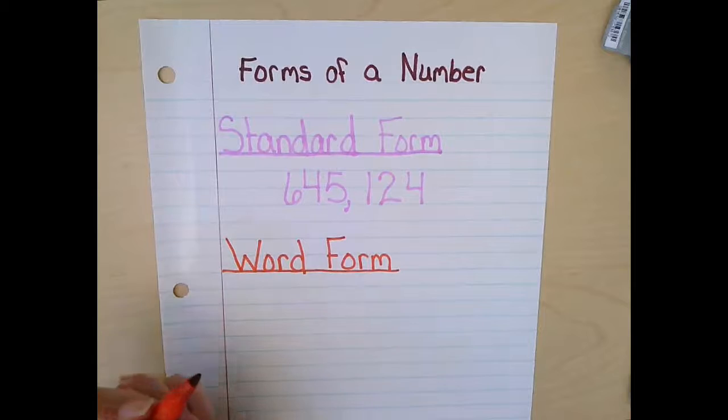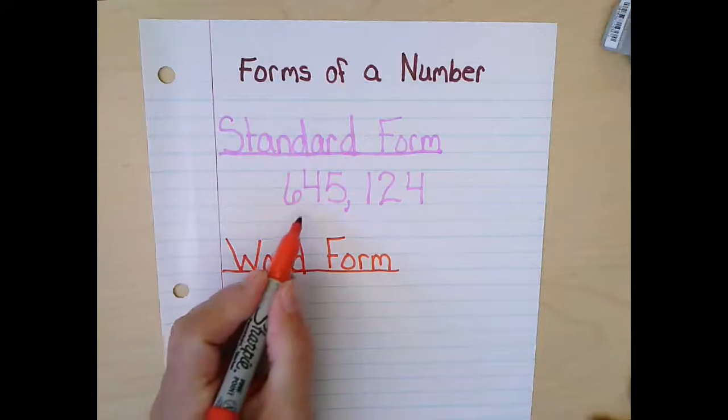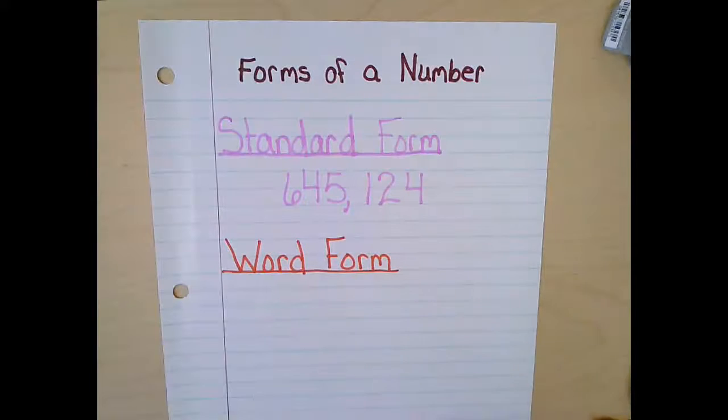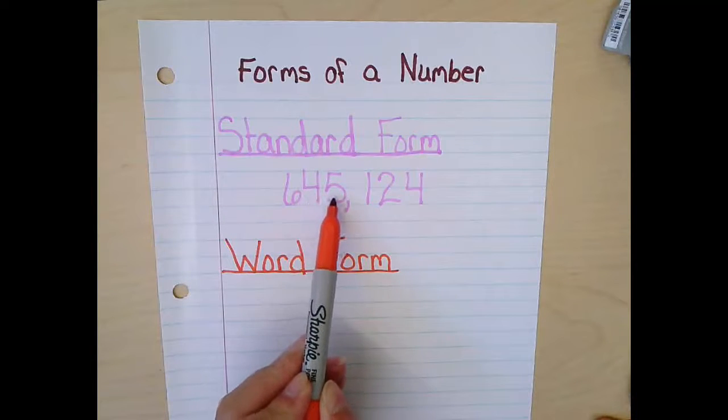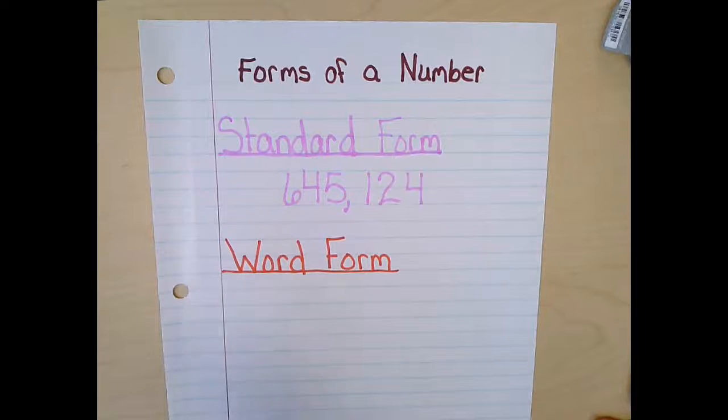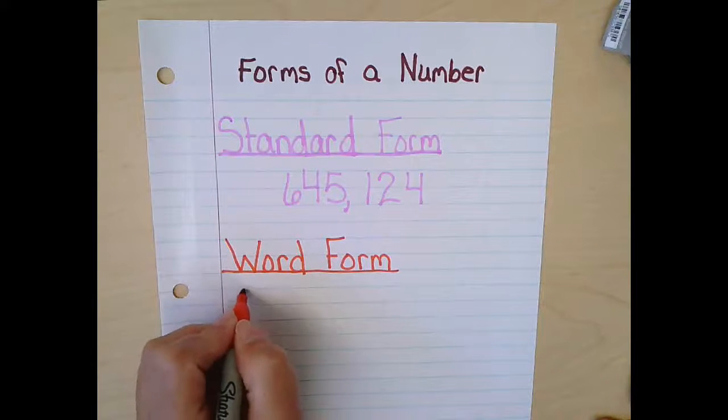You're going to use actual words. So let's write this. We're going to write it exactly the way we say it. And I break it into periods to say it. So we begin with 645,000. We're going to stop right there and write that.